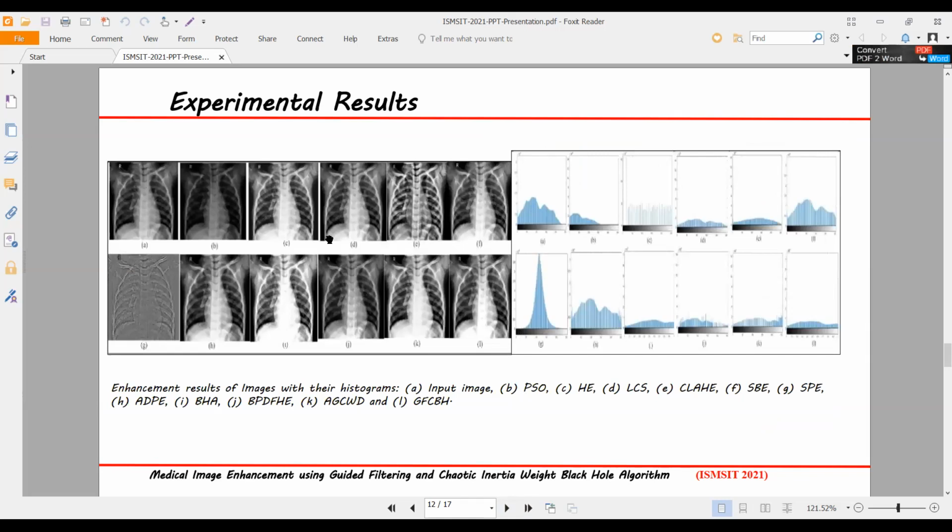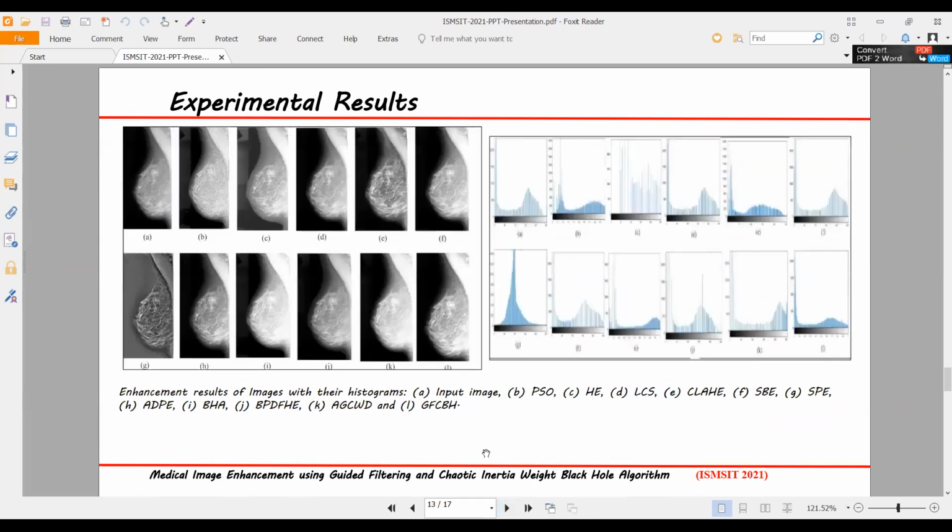Again, the second one is the chest image, and the histogram of that. Also, the performance of our proposed approach is better than all of the other approaches. And for the mammography image, as you can see, the result of our proposed approach is acceptable.